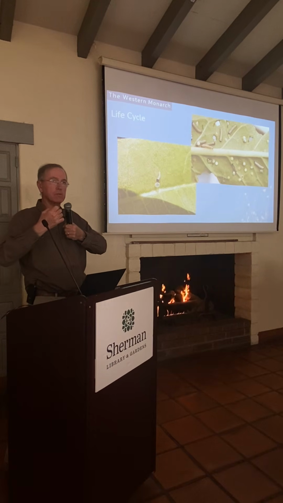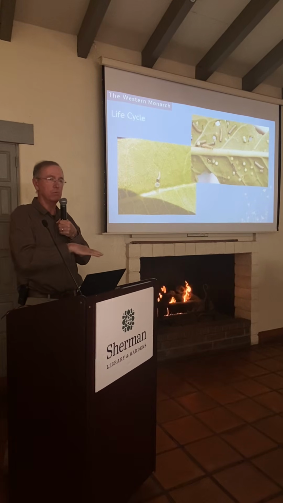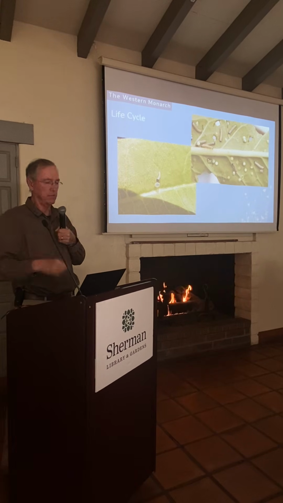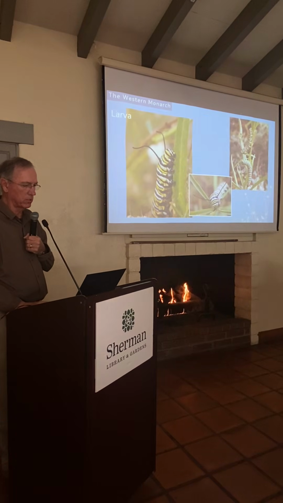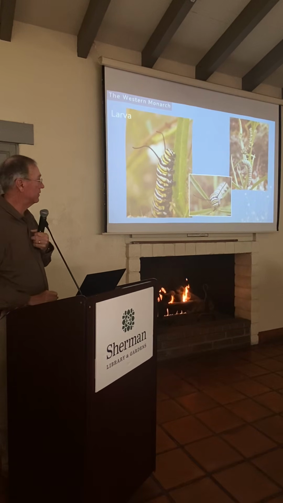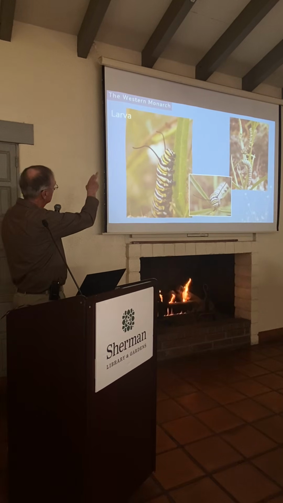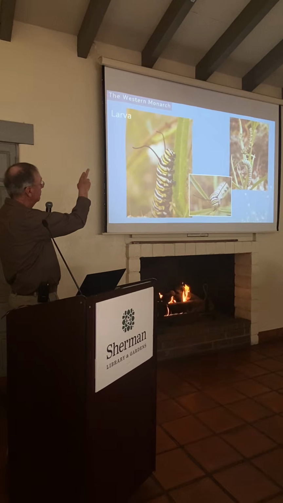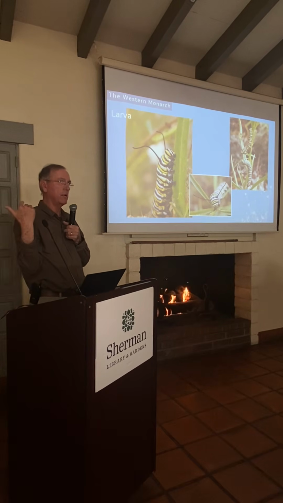The skin doesn't expand very well, so as it grows, it has to leave one skin behind and then it assumes a new one. So about 2 weeks of larvae, and during that period, eventually they become quite large and very, very colorful. They have these appendages, both on the front of their bodies and on the rear of their bodies.